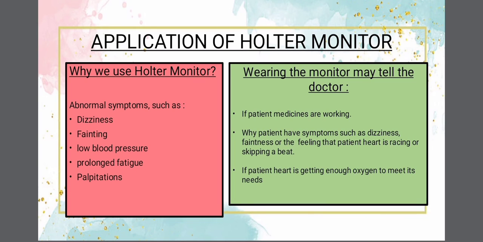Wearing the monitor may tell the doctors if a patient's medicines are working, and why the patient has symptoms such as dizziness, faintness, or the feeling that the heart is racing or skipping a beat. It also shows if the patient's heart is getting enough oxygen to meet its needs.